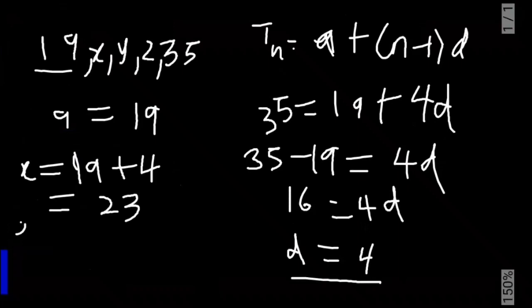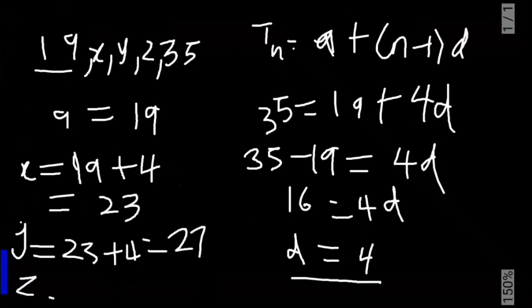Y would be 23 plus 4. That is 27. And Z would be 27 plus 4. This is 31. So the three arithmetic means between 19 and 35 are 23, 27, and 31.